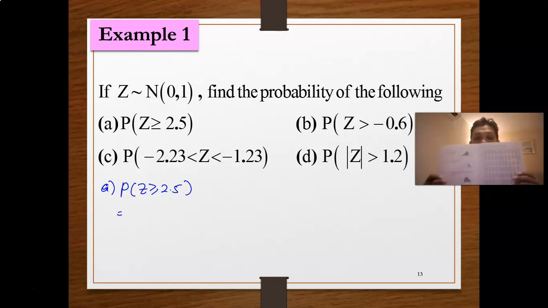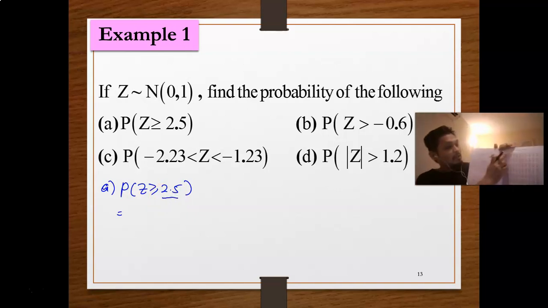Now the first one here, to all my students, please turn to page 21. Page 21. Now this is 2.5. So we refer to the value of Z, and scroll down until you find 2.5.